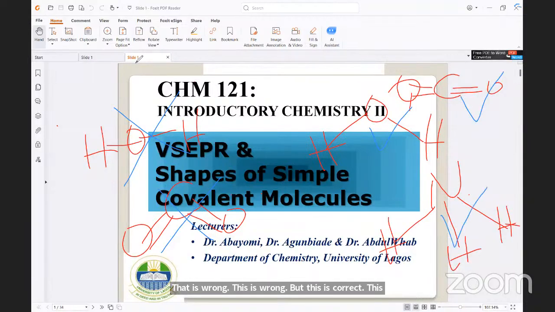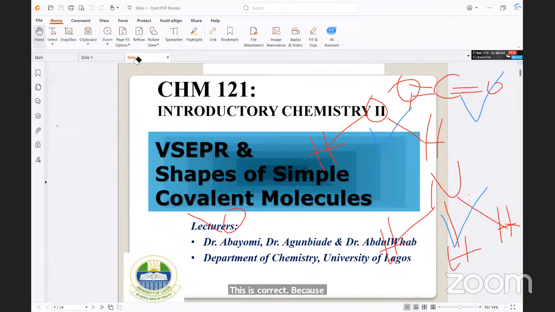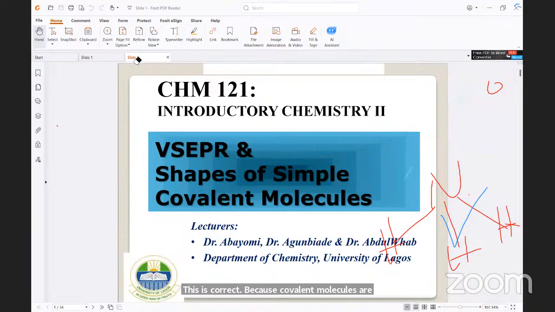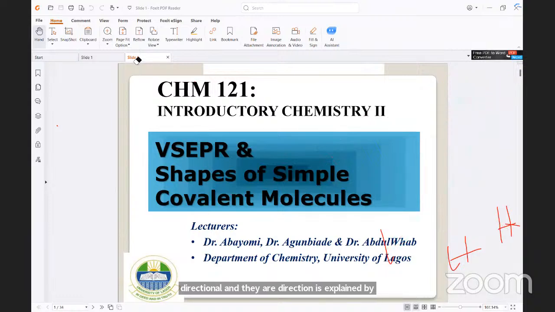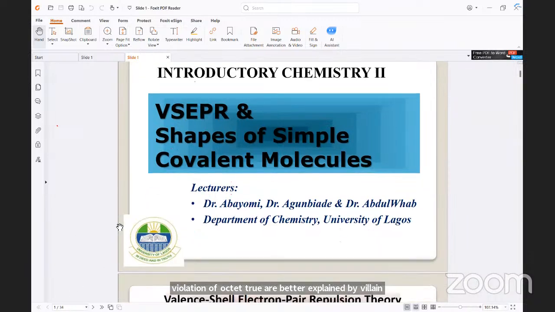This is correct, because covalent molecules are directional, and their direction is explained by valence shell electron pair repulsion theory. And it is now the basis, the reason, for what we've been looking at, and the violations of the octet rule are better explained by valence shell electron pair repulsion theory.